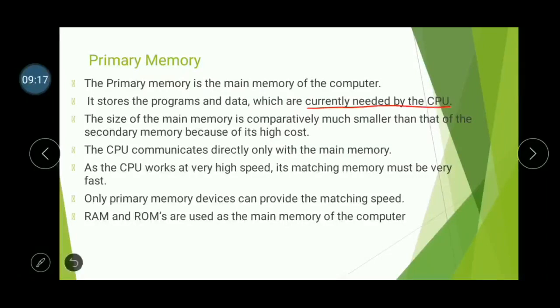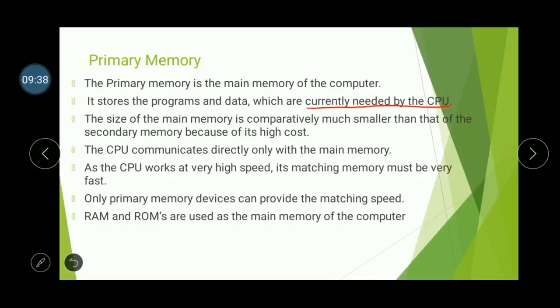Basically, memory is the storage device which stores the data and information, isn't it? So what is primary memory then? Primary memory is also a storage device in the computer system, but it holds what is currently needed by the CPU.